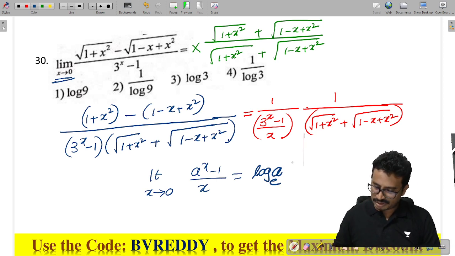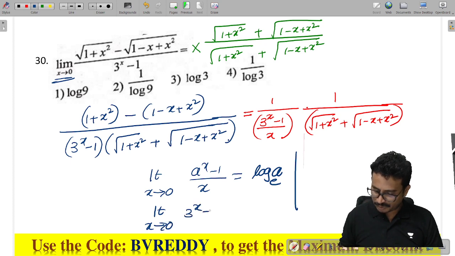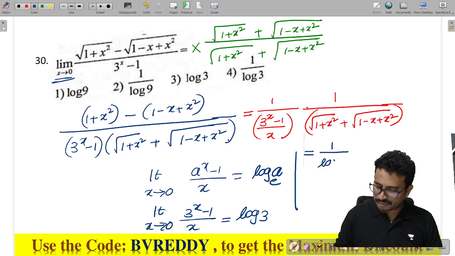Now you can see here, this term, limit x tends to 0, we have 3 power x minus 1 by x, which is log 3. So this value is 1 by log 3 into 1 by, so 1 plus 1, which is 2.